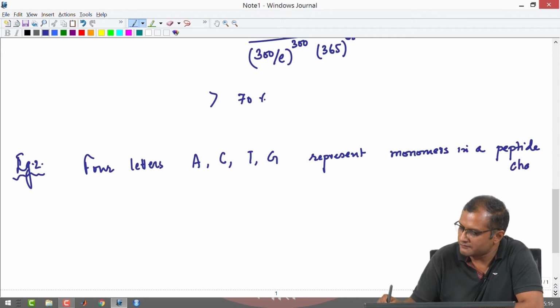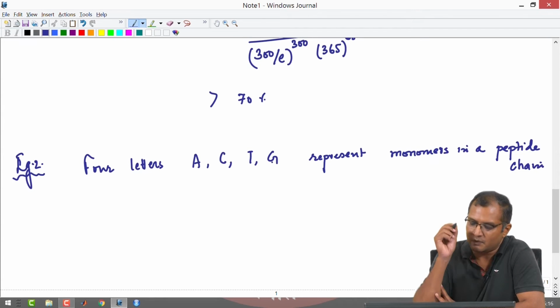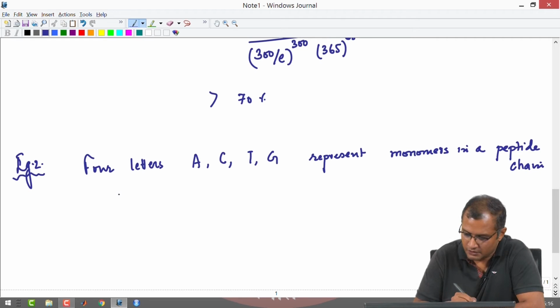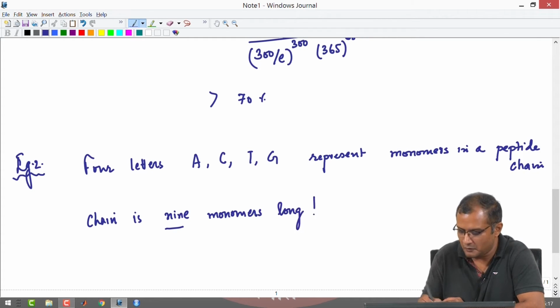So, you have a chain of monomers which is composed of only these 4 letters. And you say that my peptide chain is 9 monomers long.